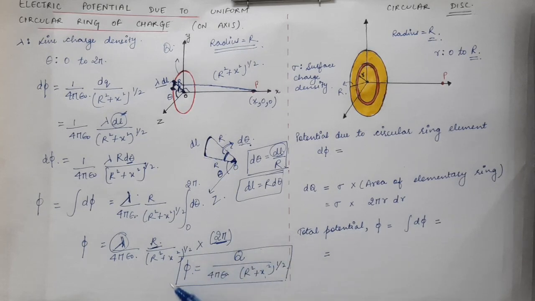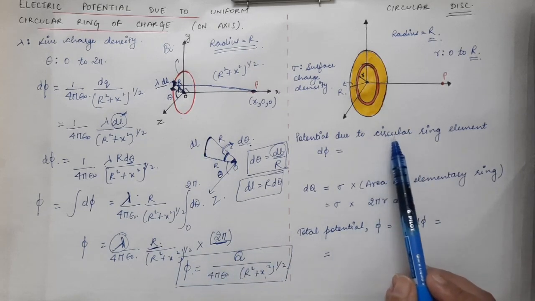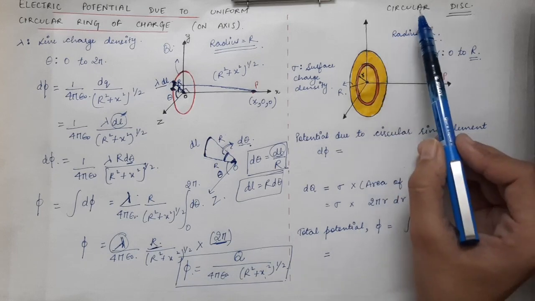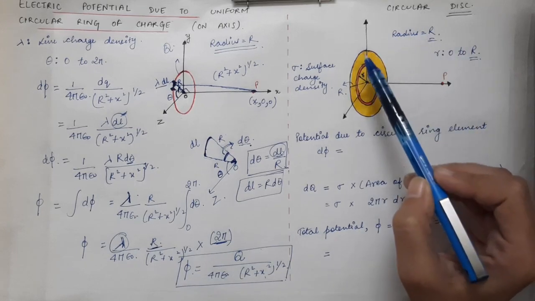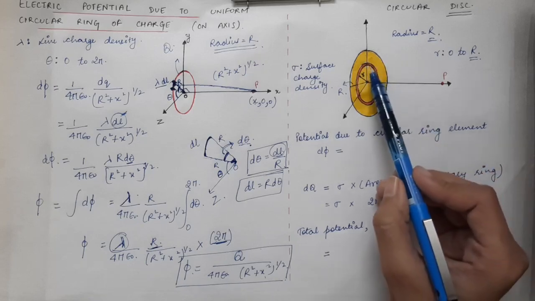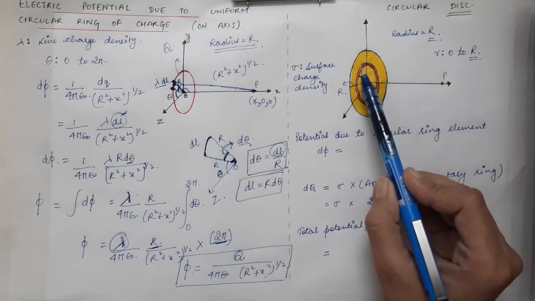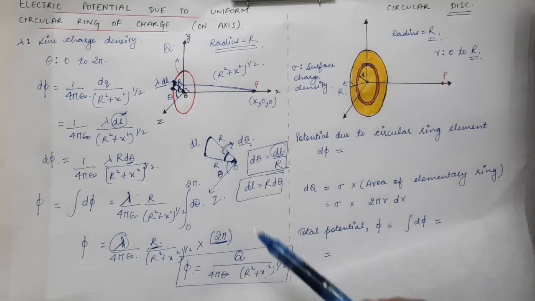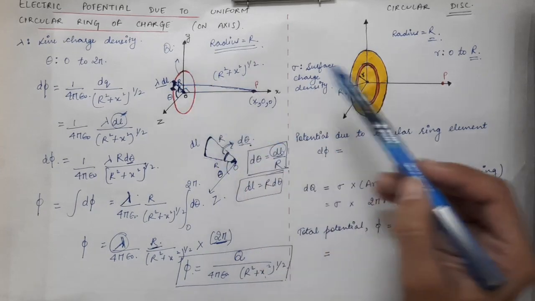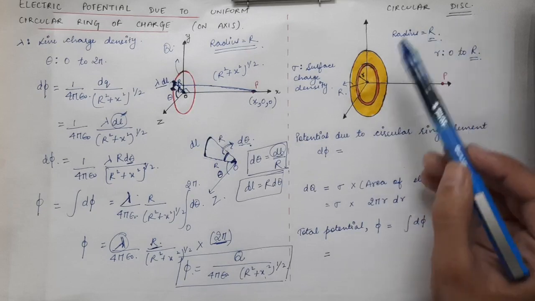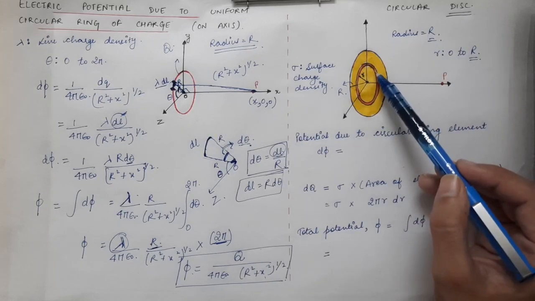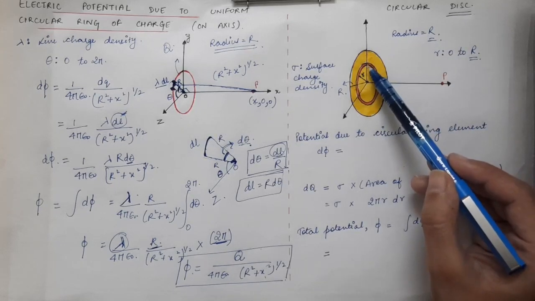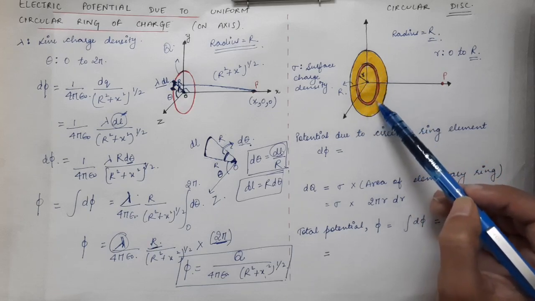This same formula will be utilized in this article, because here we have divided the circular disc into a large number of elementary rings. So the potential at point P due to this elementary ring will be of the same form, because here also we had a ring, and for a particular instant we are considering one elementary ring.